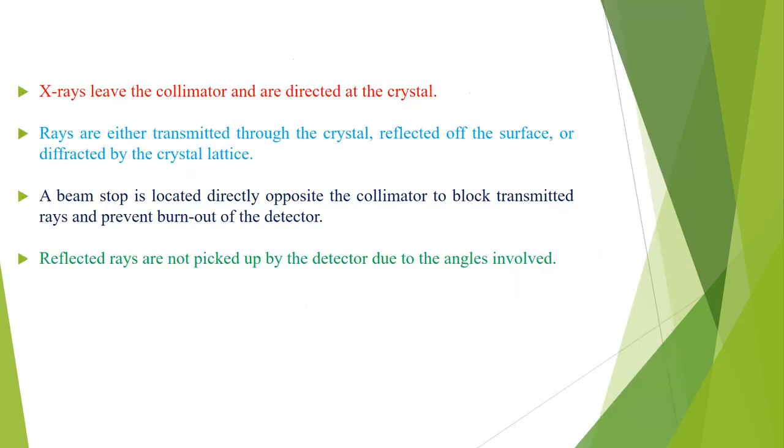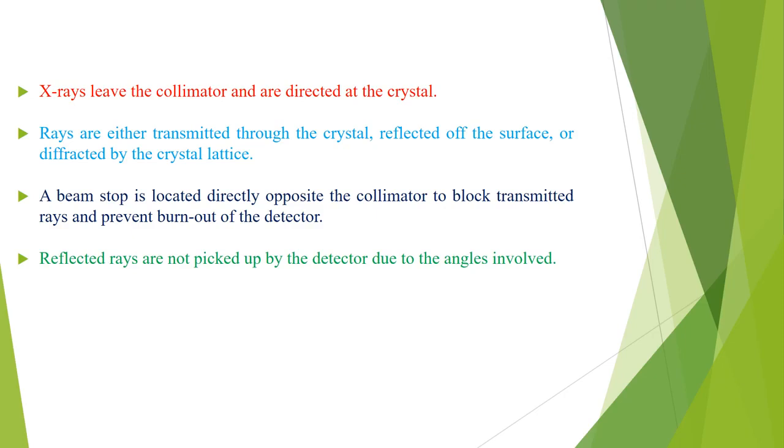Now moving on, we can see that X-rays leave the collimator and are directed at the crystal. Rays are either transmitted through the crystal, reflected off the surface, or diffracted by the crystal lattice.